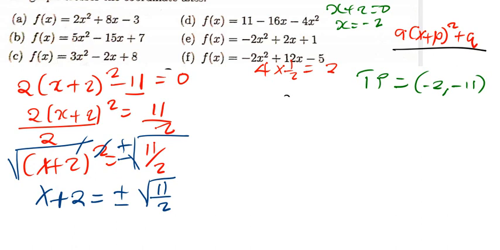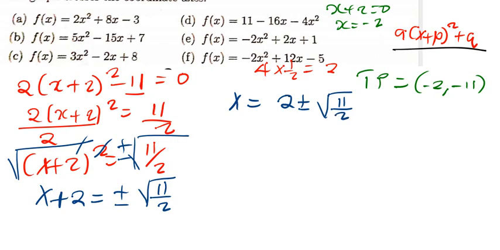So I'm going to have, what? I'm going to have here, I will shift 2 to go to the other side, so x is equal to 2 plus or minus the root of 11 divided by 2, like that.